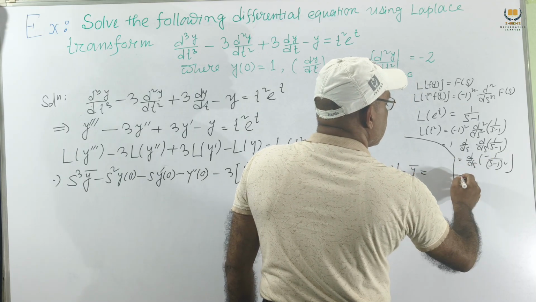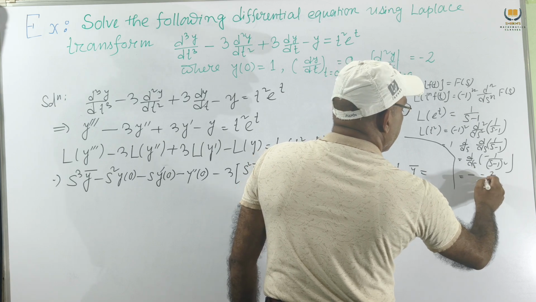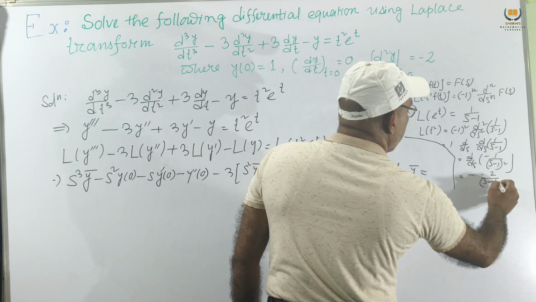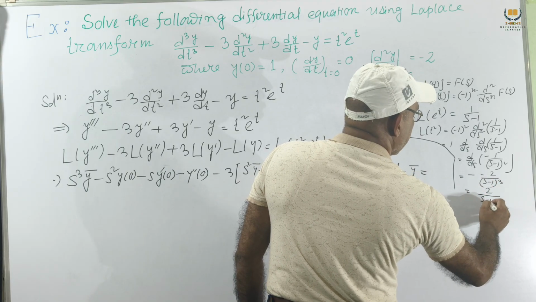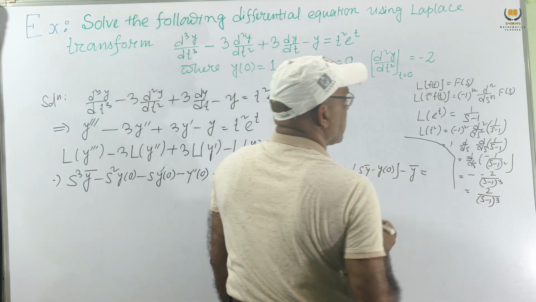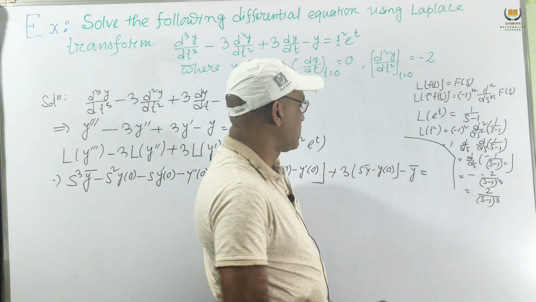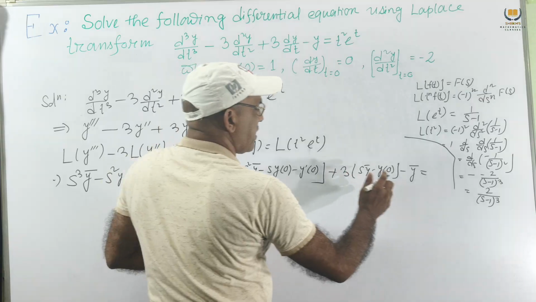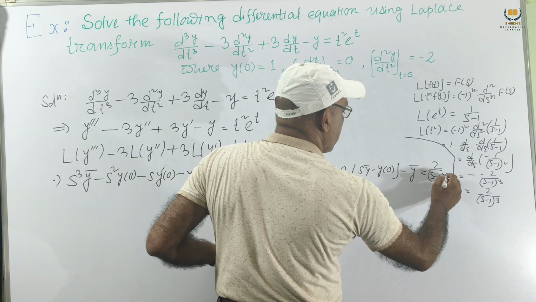Again, if we differentiate, another minus, we get minus 2 by (s minus 1)³, that means 2 by (s minus 1)³ we get. So this right hand side we directly write as 2 by (s minus 1)³.